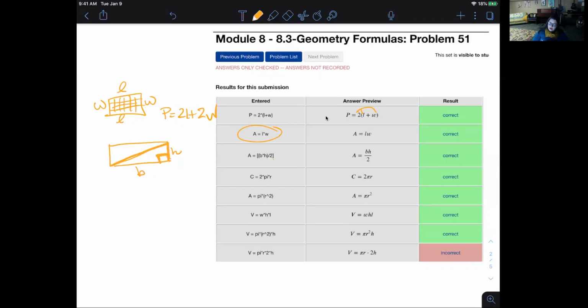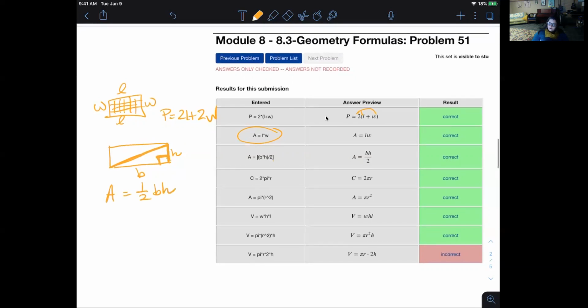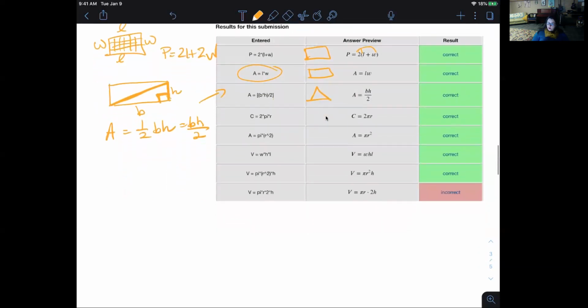But you can see that I'm taking half of the area. So the area of a triangle is either 1/2 base times height, or the base times the height divided by 2. That's the same thing. So right there, that's the area of a triangle. This was the area of a square, perimeter, or rectangle.